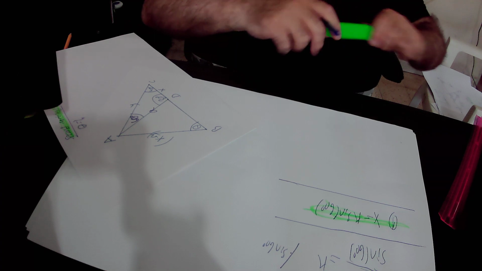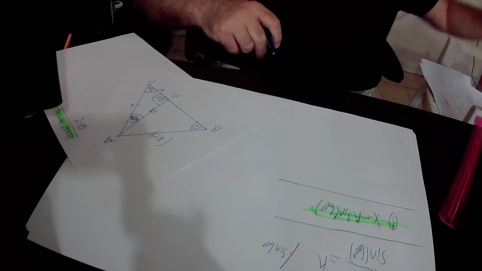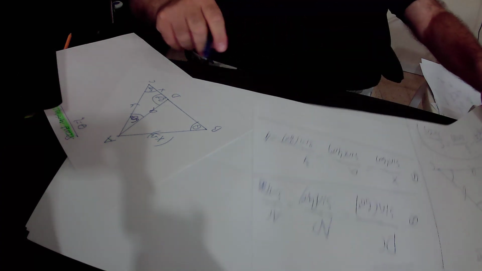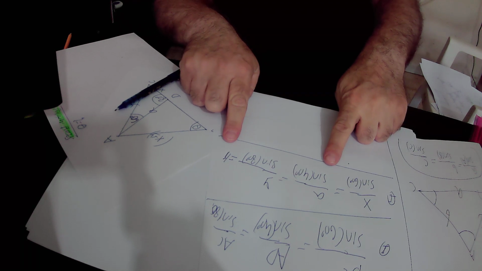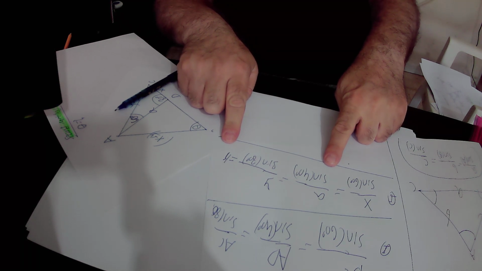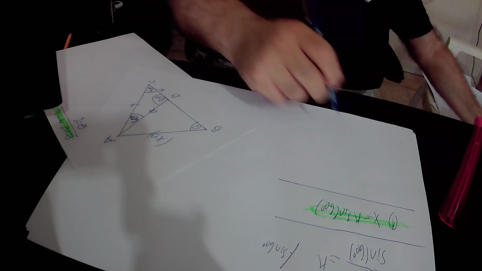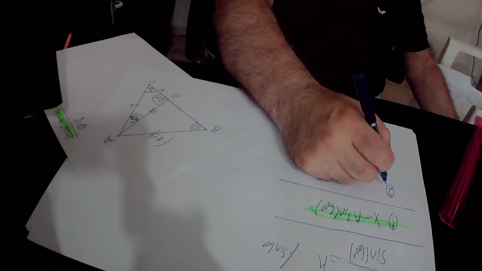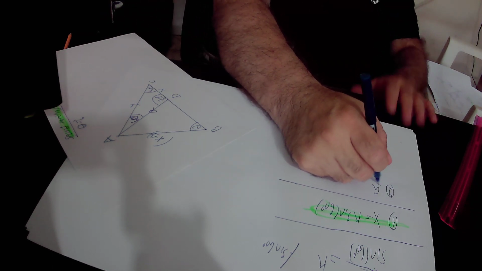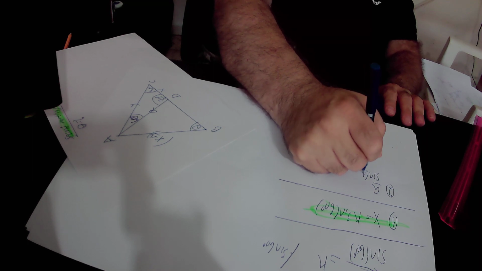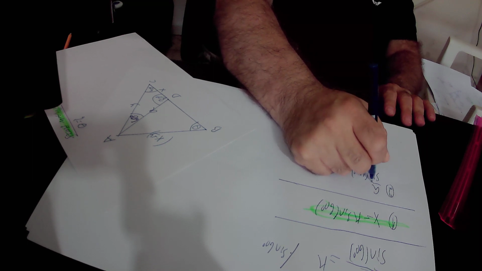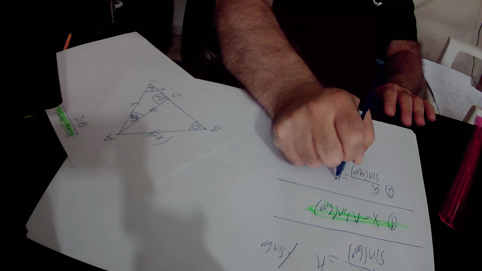Here we also know that those two expressions are equal to each other. That is to say, a over sine 40 degrees also equals k. So I write it down according to equation number 2: a over sine 40 degrees is equal to k.